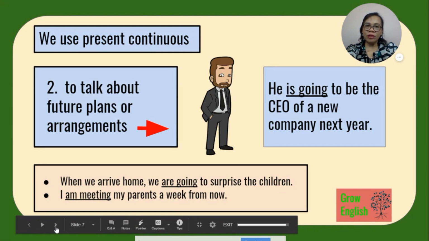We use the present continuous to talk about future plans or arrangements. Okay, not now, but something that will happen later on. We have the example, he is going to be the CEO of a new company next year. So have a look at the verb phrase here, is going.